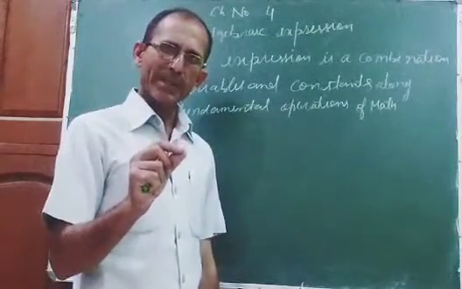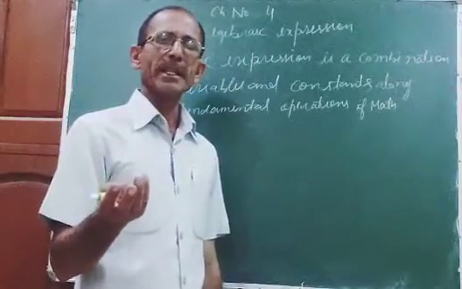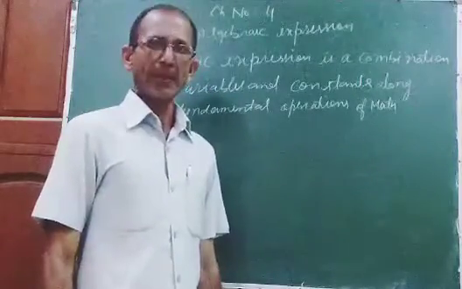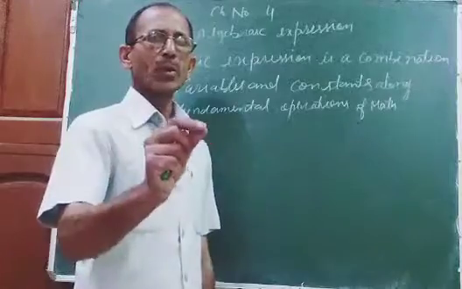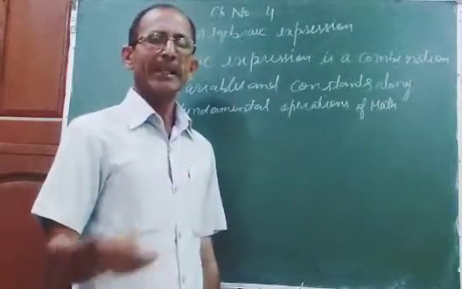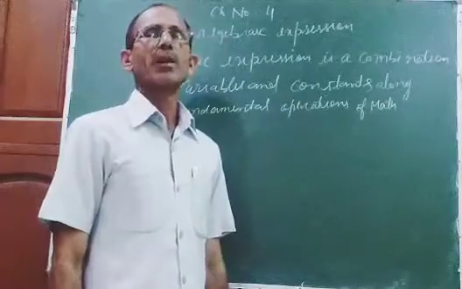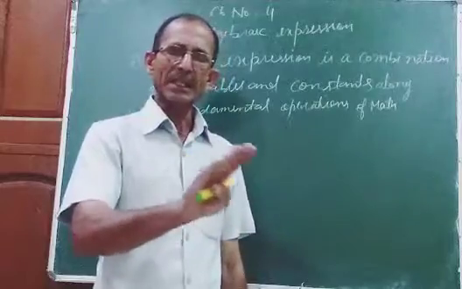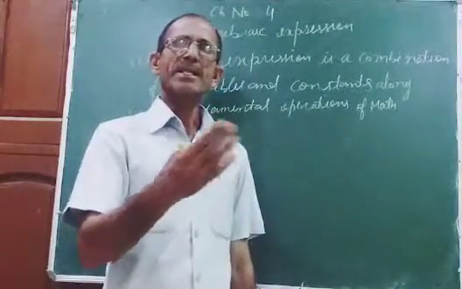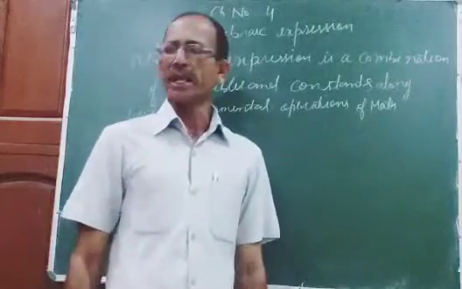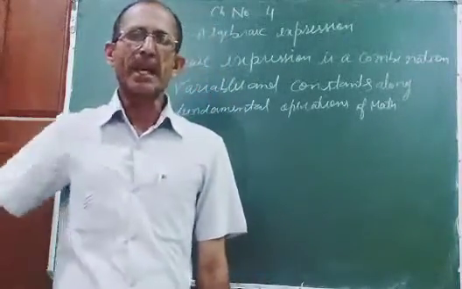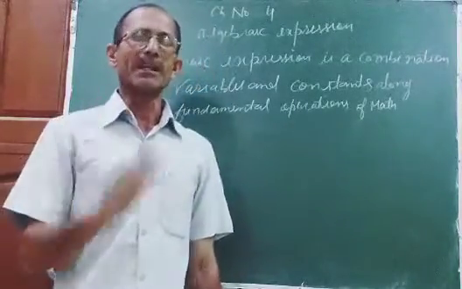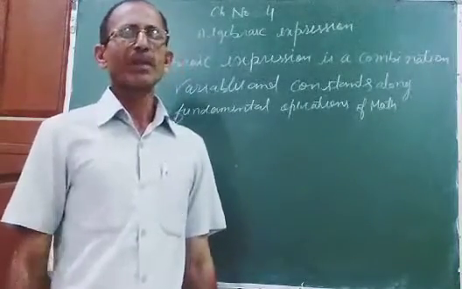All the alphabets A to Z, A, B, C, D, E, F, G, H, these are called variables or literal values, and 1, 2, 3, 4, 5, 6, 7, 8, 9, these are the fixed values, these are called constants.